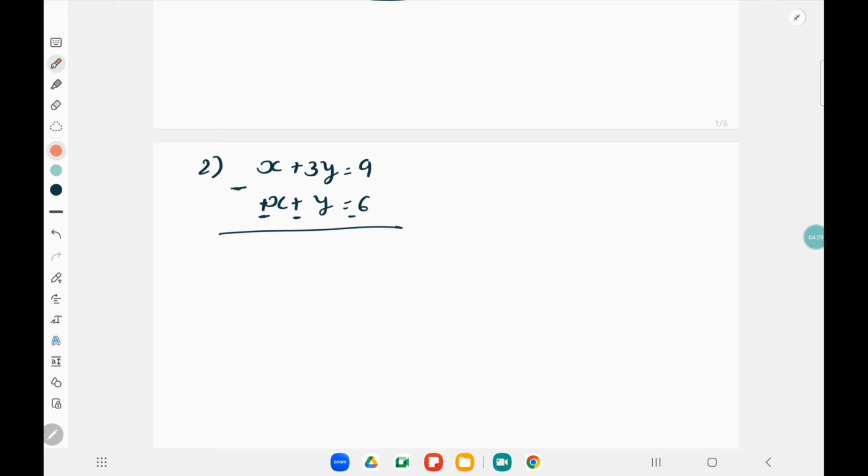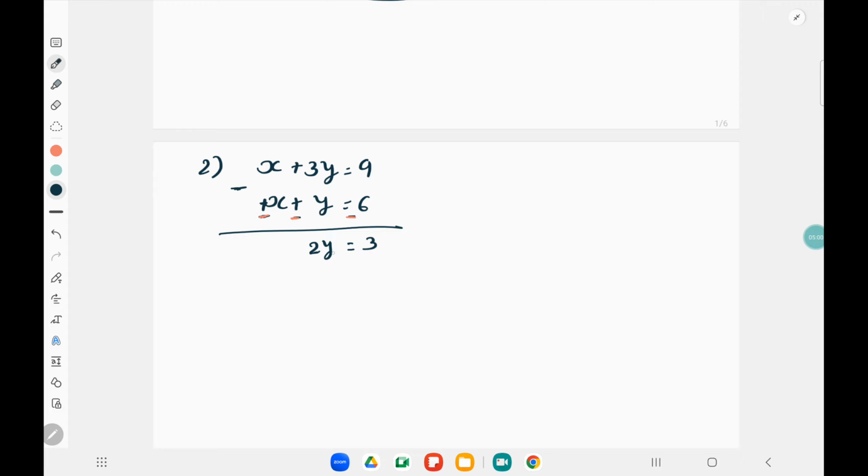Okay, I write this sign underneath so that it gives me the idea of what I am going to do, whether I am adding or subtracting. That is the only reason I write it here. So 9 take away 6, which is 3. Okay, 3y take away y is going to be 2y.